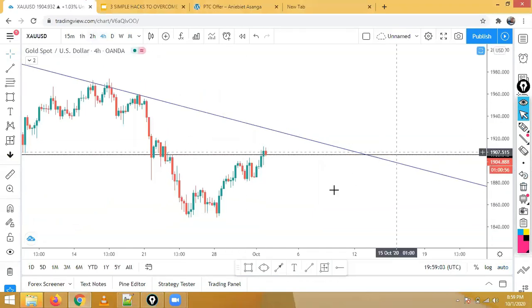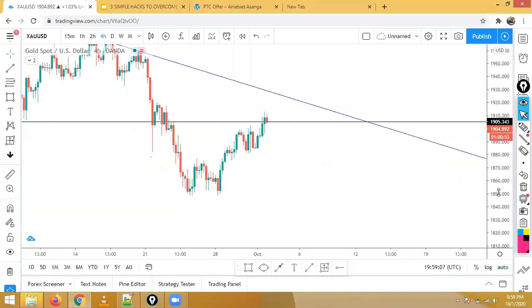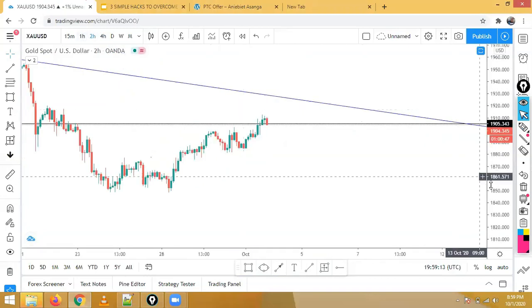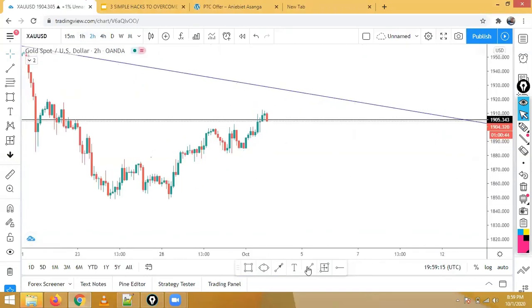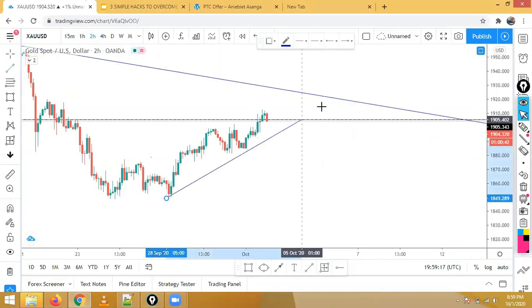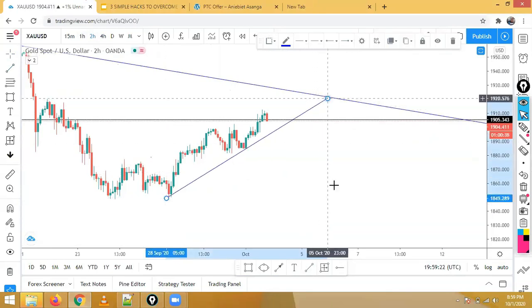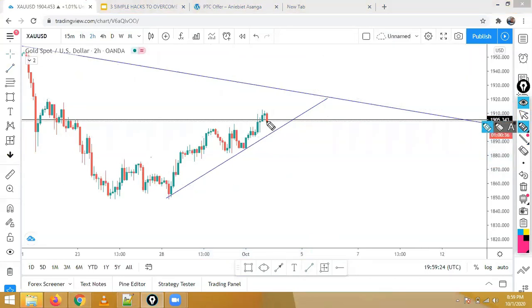Right now there's no clear rejection at the top, so you won't sell. I can't recommend a sell. Price is still moving slowly to the top. So just wait for price to keep pushing slowly, tag this, give you a rejection, then you sell from there to the downside.